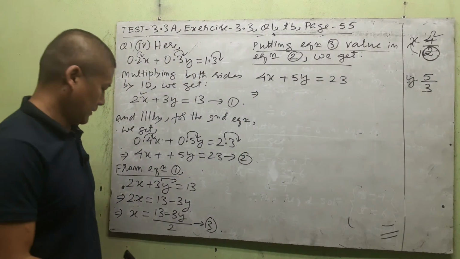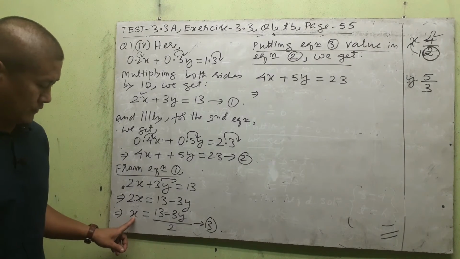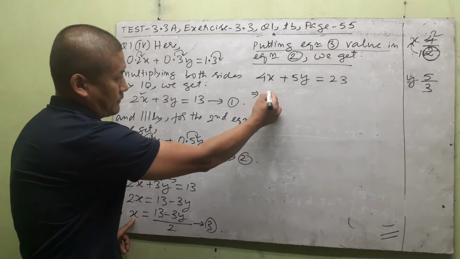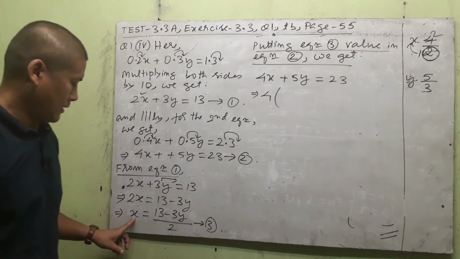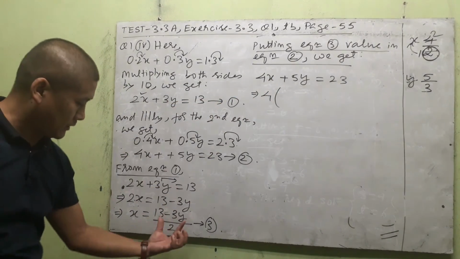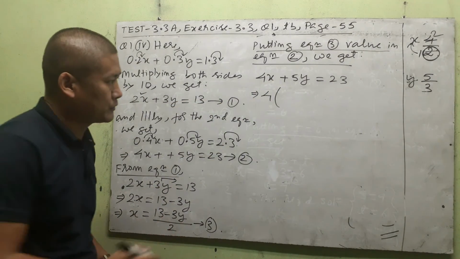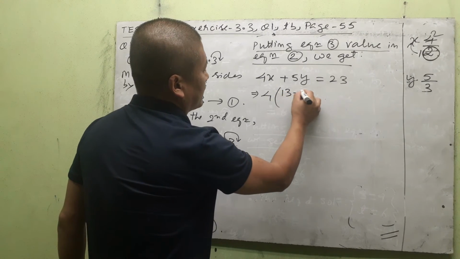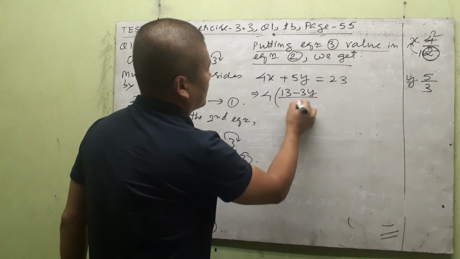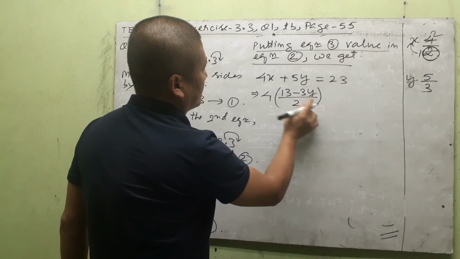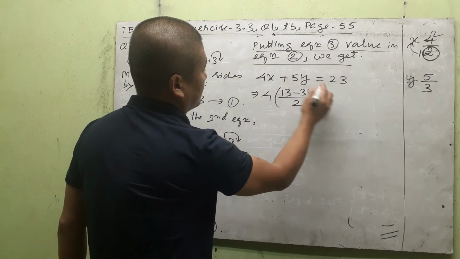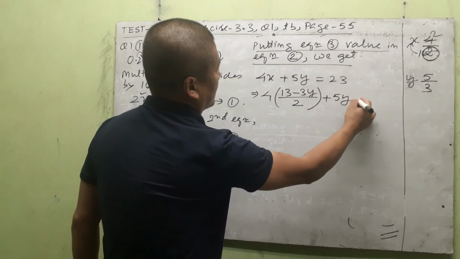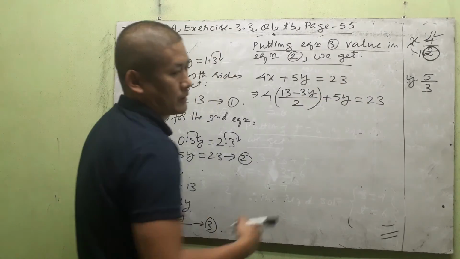That implies x in terms of equation 3. So this 4 into this x is going to be replaced by 13 minus 3y by 2. So 4 times (13 minus 3y divided by 2), close the bracket. So this part is done, then plus 5y is equal to 23.